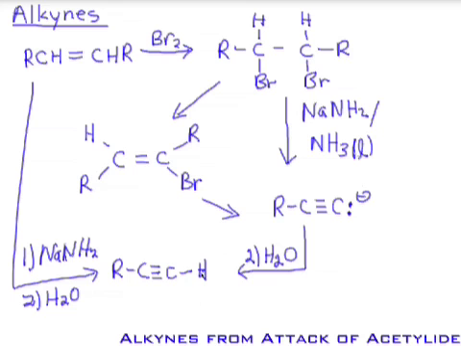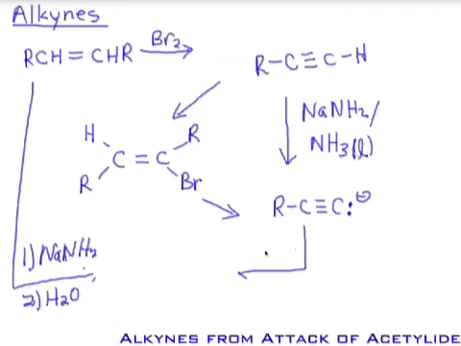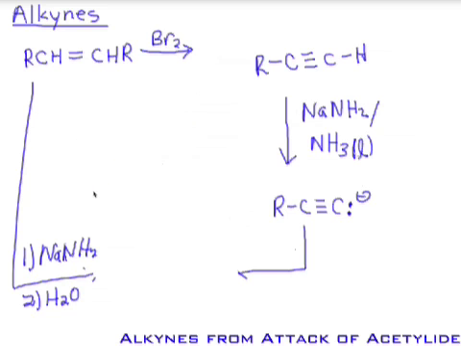How else can you make alkynes? Well, as you see, sodium amide can make the acetylide, and acetylide is a powerful nucleophile. If we want to make a different type of alkyne, make the acetylide, and then we can do nucleophilic attack, because we learned that this acetylide is a good nucleophile.